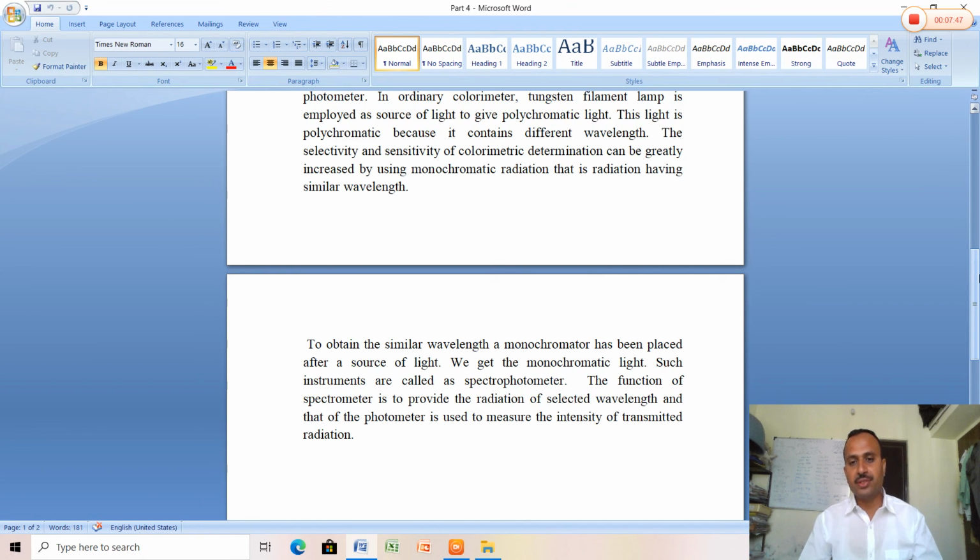But in the spectrophotometer, a monochromator is employed to obtain light of a particular wavelength, and this light is useful to determine the concentration of a substance. The function of the spectrometer is to provide radiation of selected wavelength, and that of the photometer is to measure the intensity of transmitted radiation. These transmitted radiations are useful to determine the concentration of the substance. This is all about the difference between colorimetry and spectrophotometry.